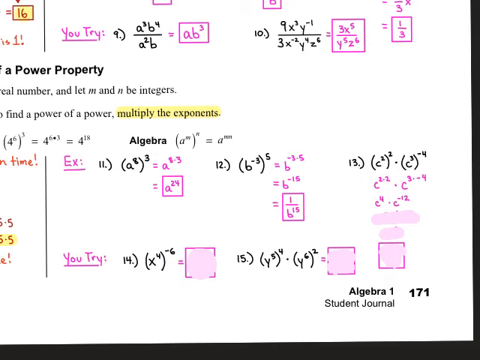Now we use the product rule because we have two different bases, both with their own exponents, being multiplied together. So we add those exponents, and 4 plus -12 gives me a -8. So if my answer is C to the -8, just like this one, you know what I'm going to do. I'm going to flip that to the other side of the fraction. So our answer here is 1 over C to the 8th power.